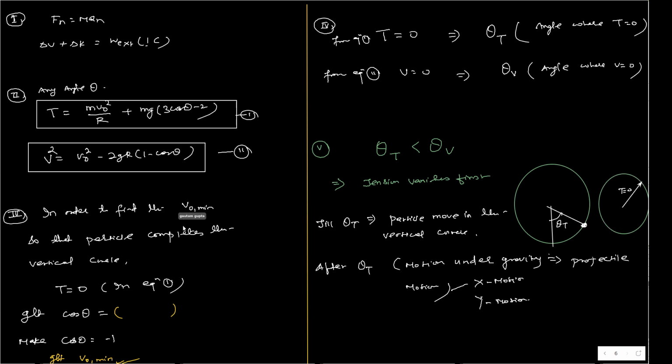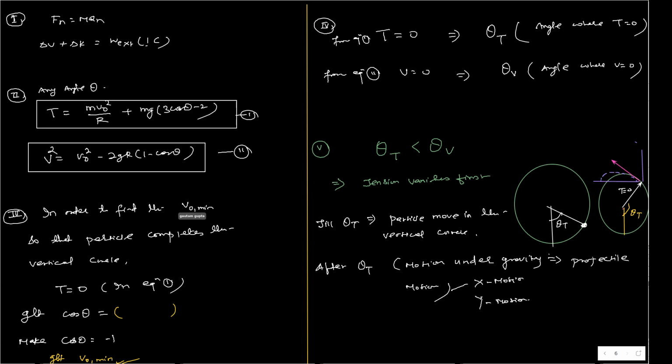You can find the velocity at this point by putting that theta t. So this is your theta t, and in most cases theta t will be an obtuse angle. After that, you can solve it as a projectile: x motion, y motion, and it will land somewhere. That you know how to solve.